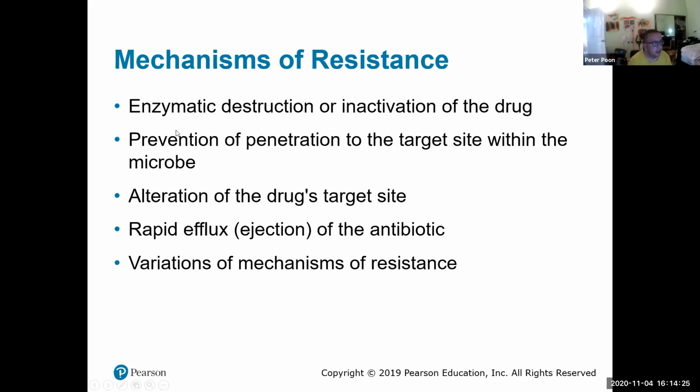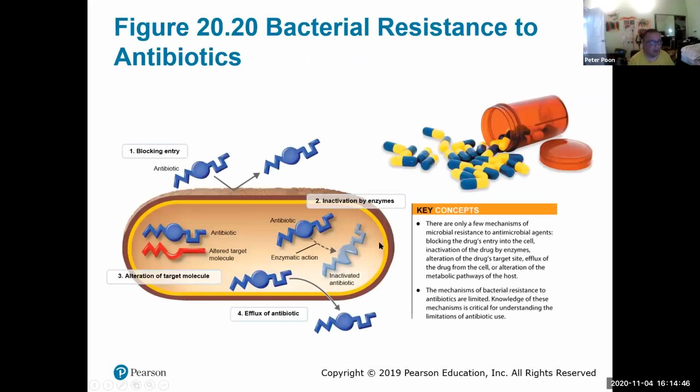The mechanism of resistance, another important page. Examine destruction or inactivation of the drug, prevention of the penetration to the target site within the microbe, alteration of the drug target site, the rapid efflux of the antibiotic, or some combination thereof.